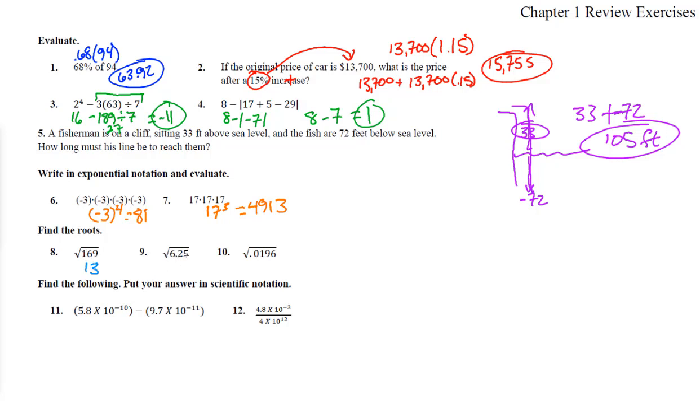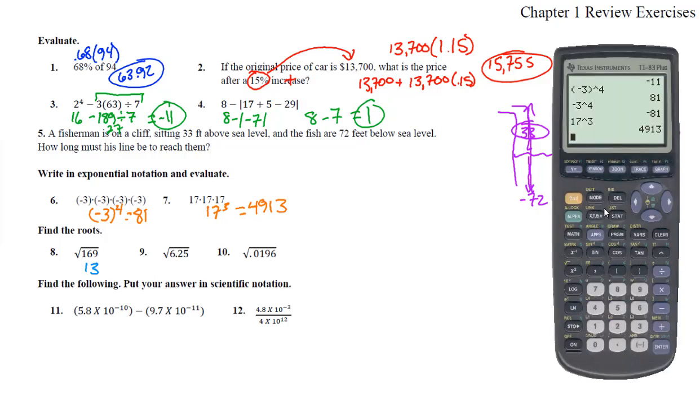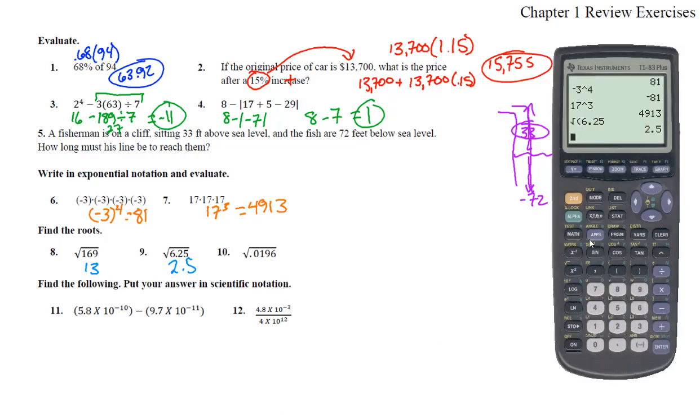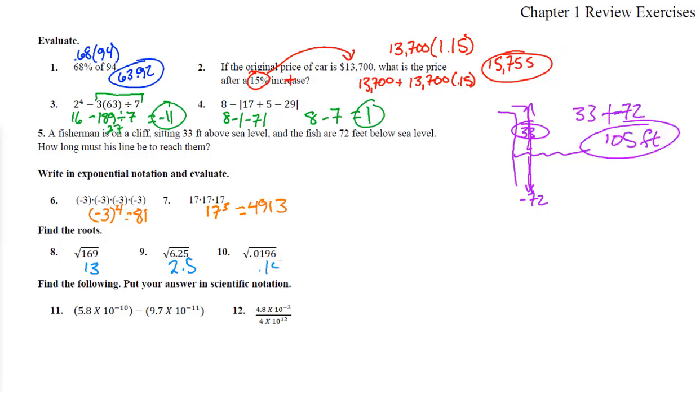Square root of 6.25, just punch it in the calculator, and we should get like 2.5. 6.25. Close parentheses or just hit enter, and it is 2.5. And this one, you take the square root of 0.0196. Oops, missed one. 0.0196, and that is 0.14.